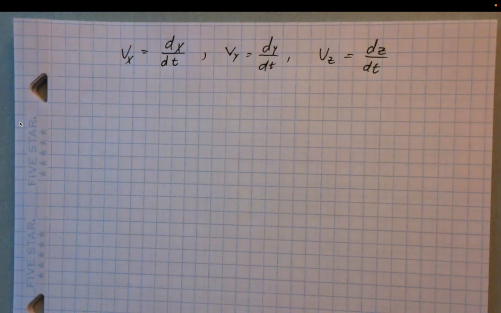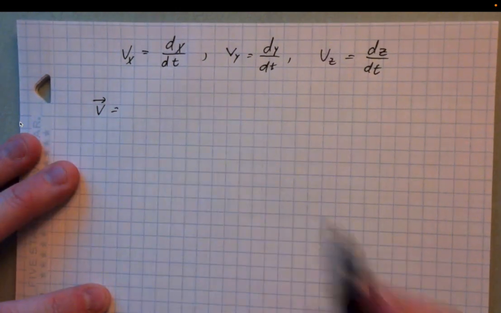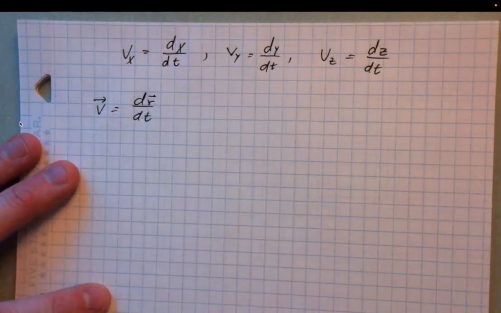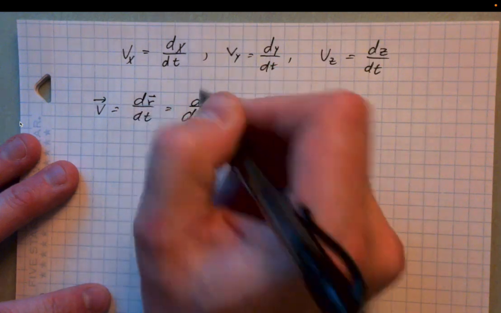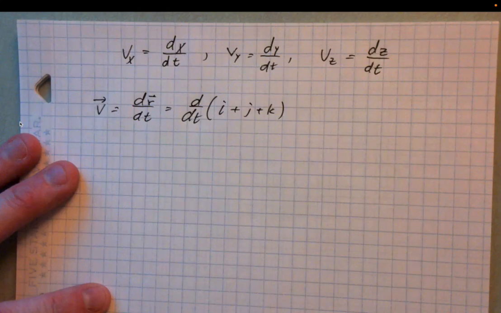And so, in fact, you can think of the x component of velocity as really just the same as the instantaneous velocity for straight line motion. So we can write things like this. v, the velocity vector, is equal to the derivative of the position vector, which is just equal to d dt of whatever the i plus j plus k expression is.